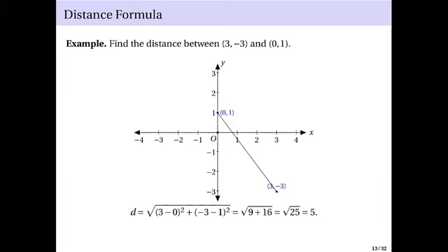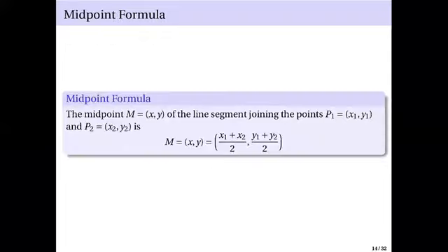I want to introduce now a new formula here, the midpoint formula. The midpoint, capital M, which we will label x, y, of the line segment joining the points P1 and P2 is given by this formula.